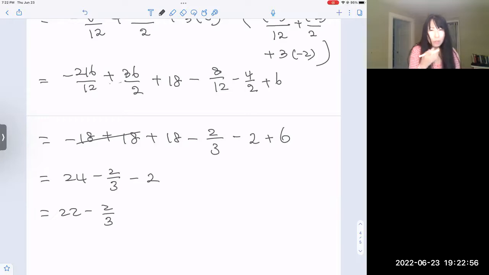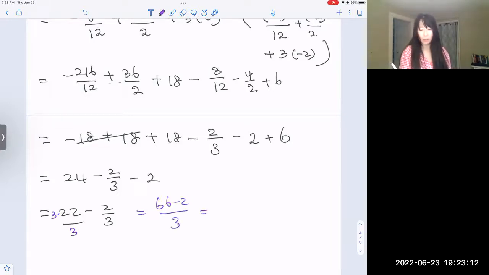We get 66 minus 2 over 3, 64 over 3. Is it correct with the book? It's 21.3. Yes. So we got it, right? Yes. Okay, good. We got that.